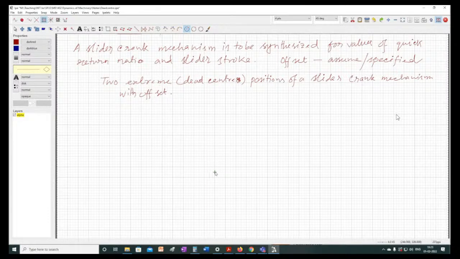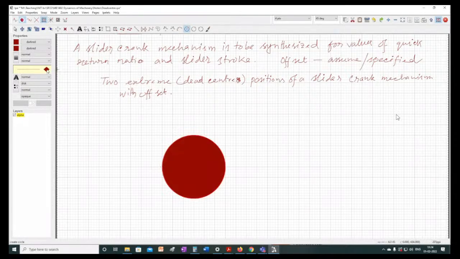Suppose we start our drawing from here. Suppose this is the hinge point. Okay. This is the hinge point, and the crank is, let's say, moving on this circle.